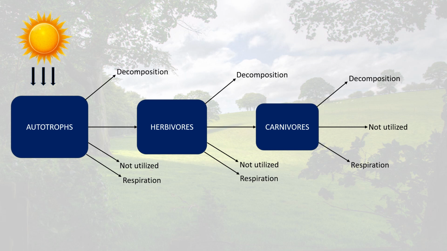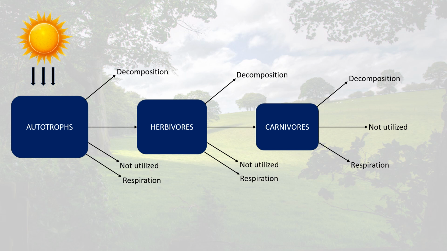This is the diagrammatic representation of the single channel energy flow model, where autotrophs get solar energy from the sun, and the energy is then passed to herbivores, but not all the energy is used by the herbivores.